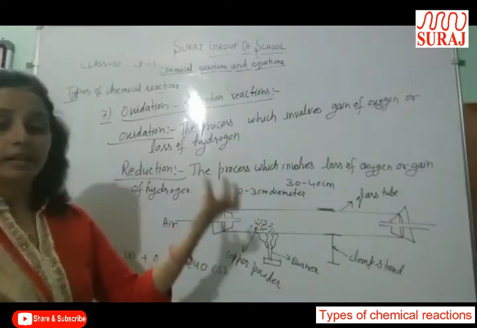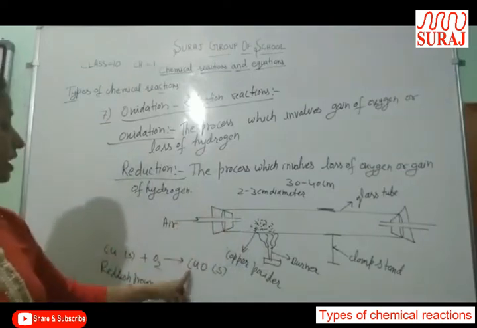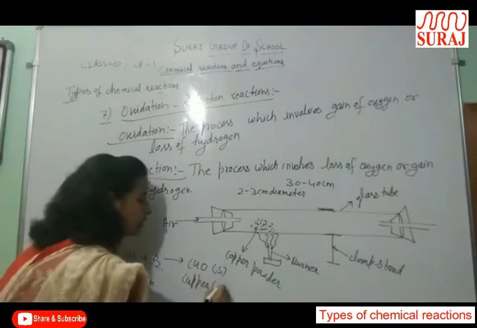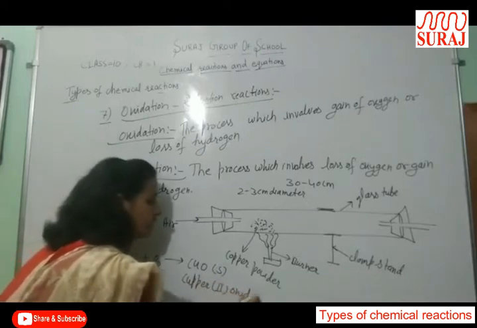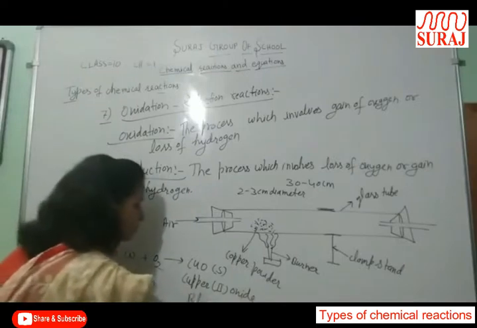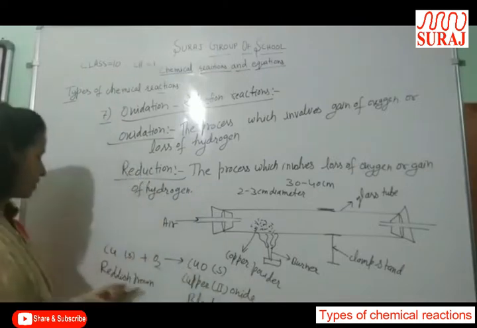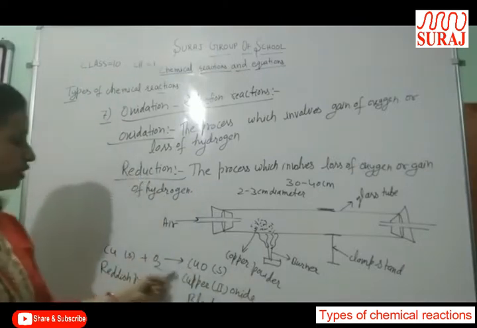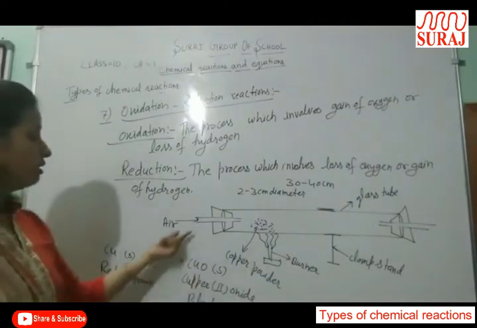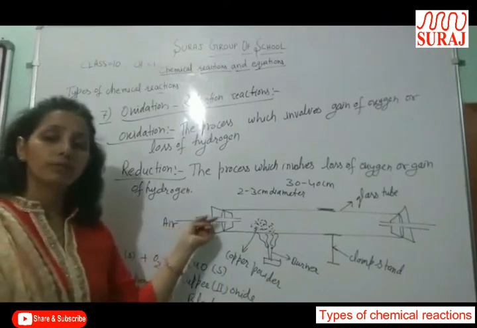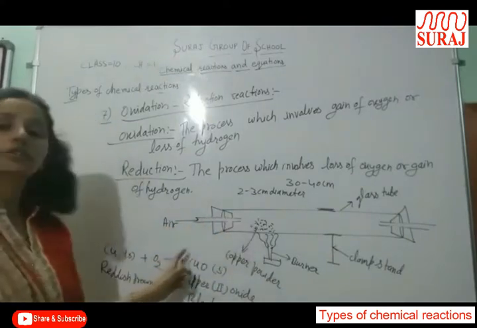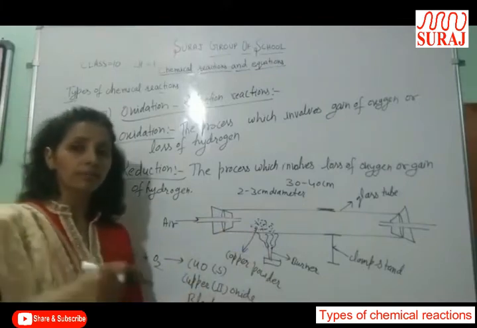When it is heated, it converts into copper(II) oxide, whose color is black. The reddish brown copper is converted into black copper oxide due to the reaction with oxygen, heated in the presence of oxygen. That's why copper converts into copper oxide, which is black in color.